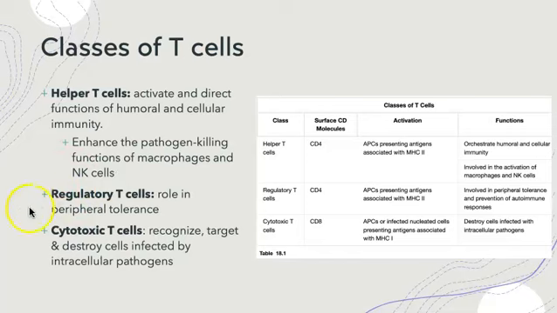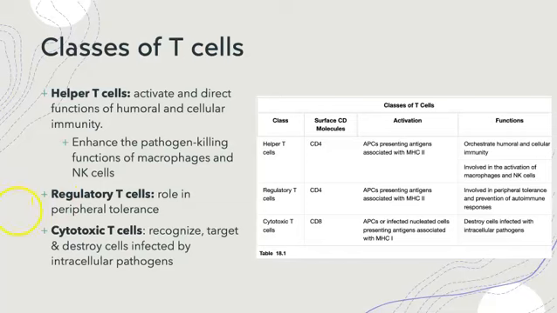And then our regulatory T cells, remember they had that role in peripheral tolerance. I always think of these cells as the ones that have the stop sign to stop the immune attack against our own body cells, or from our immune cells overreacting, trying to kill a pathogen and causing harm to our own body cells.